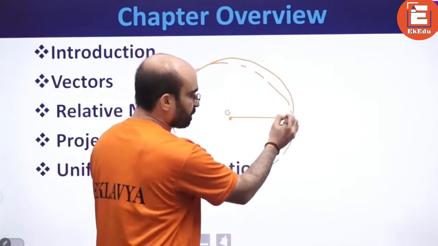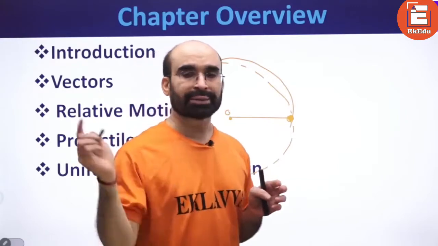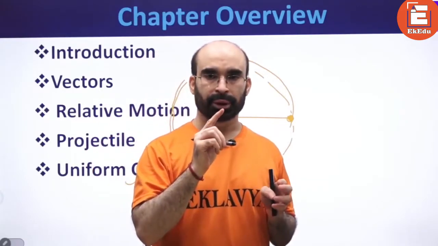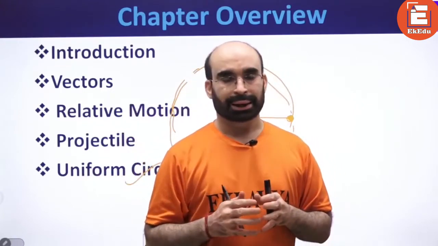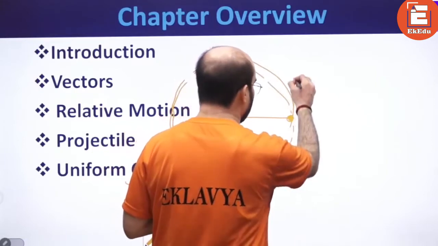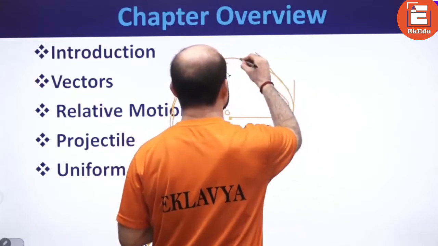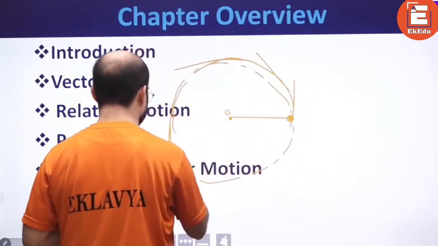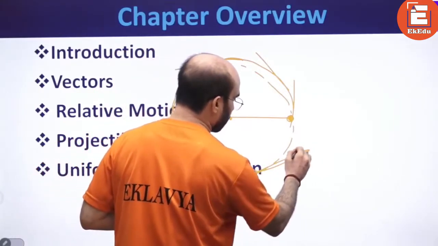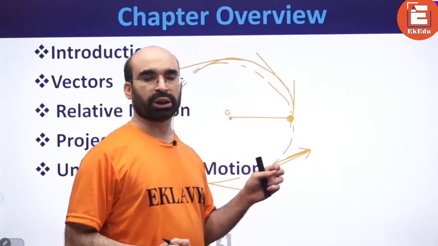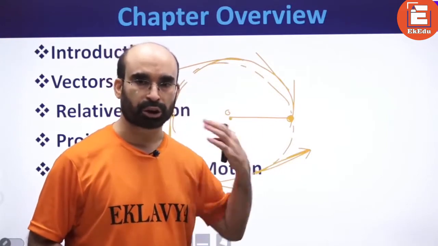Here, the speed of this pebble is not changing, but the velocity is changing. That is also a very interesting fact. The direction of this pebble at every point is different, right? But the magnitude of the velocity is not changing, the speed is not changing.